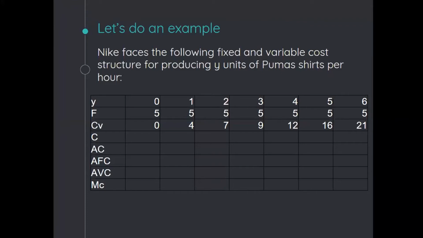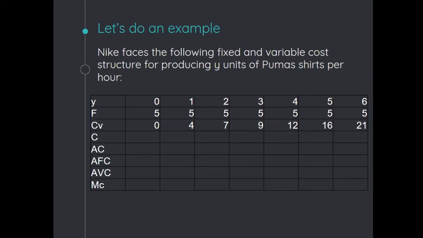So in the fourth column, our total cost would be 5 plus 7, that's 12. And therefore, the average cost implies grabbing that 12 that we just found and dividing by the number of units being produced, in this case, 2. Therefore, our average total cost would be 6. And just like that, you can get all of the other average costs.